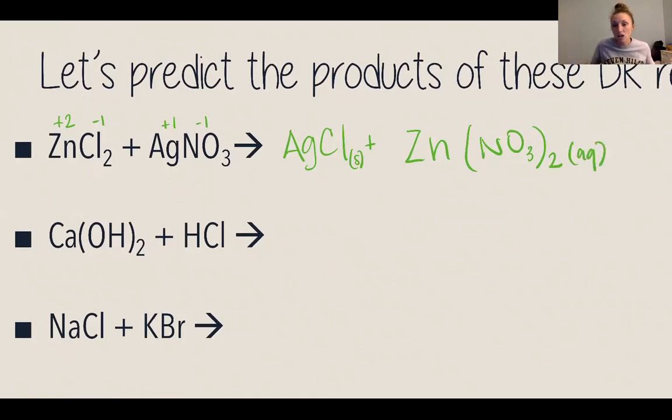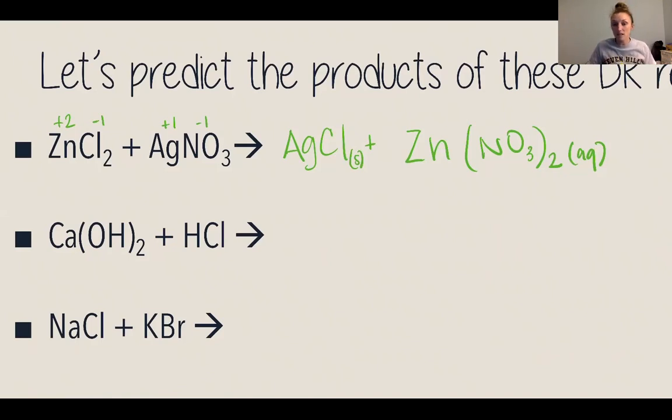Just as a reminder, what are my rules for if the reaction happens or not? At least one of the products has to be solid, liquid, or gas. So since I have this silver chloride here, which is a solid precipitate, this reaction will happen, okay? If both of your products had this little AQ behind it, then it would be no reaction.